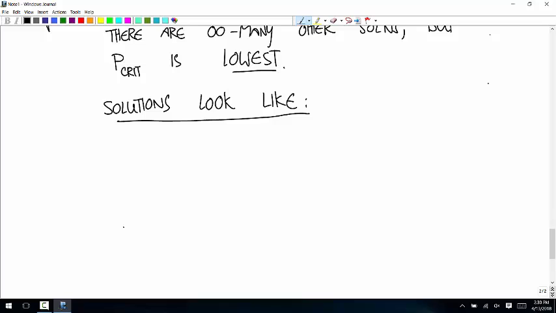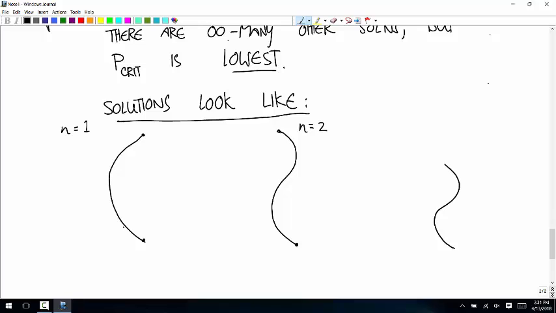The first one looks like this. That's n equals 1. The second one looks like this. That's n equals 2. The third one looks like that. And then you can keep going on.